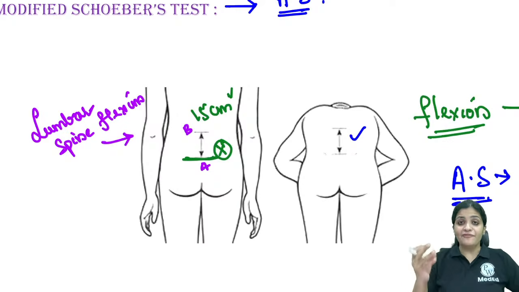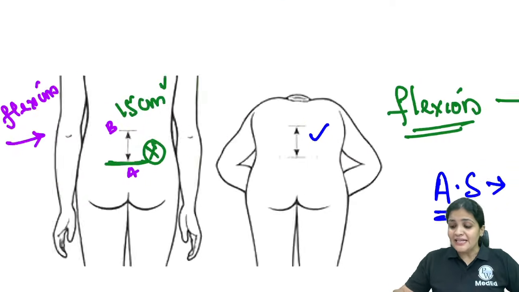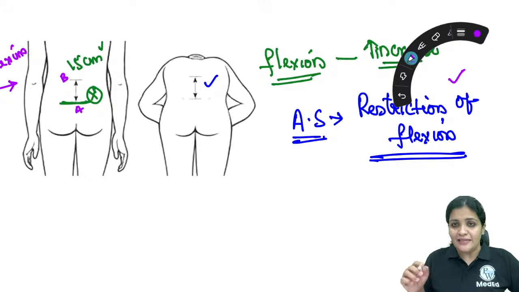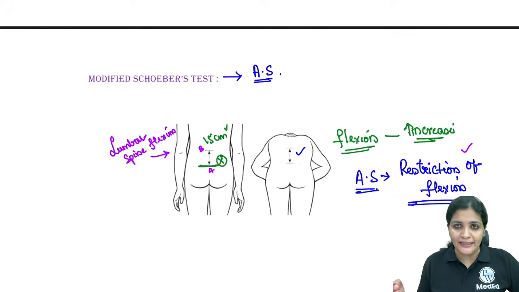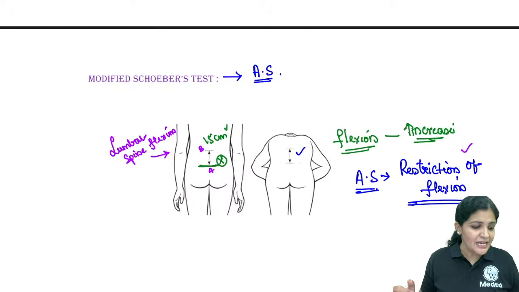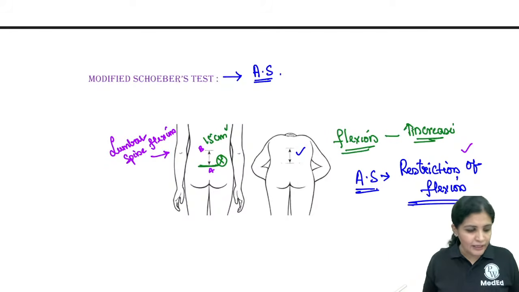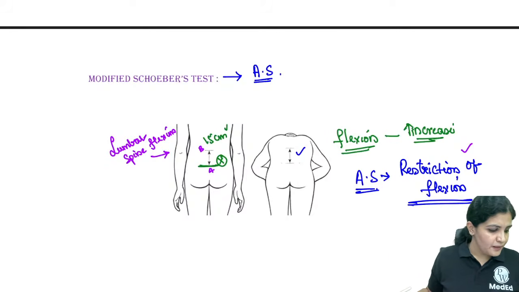But if it is below 15, that means there is a restriction in flexion. That is what the Schauber's test will tell you. Whenever there is a restriction of flexion in the lumbar spine, this is mainly ankylosing spondylitis. Is that clear, Smaranya?